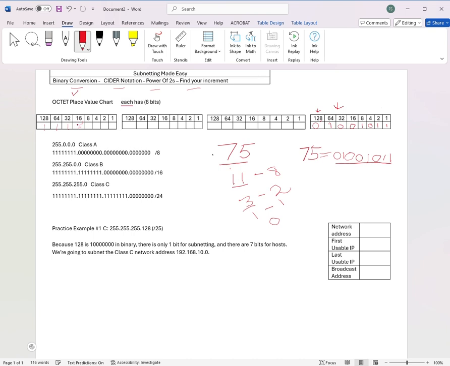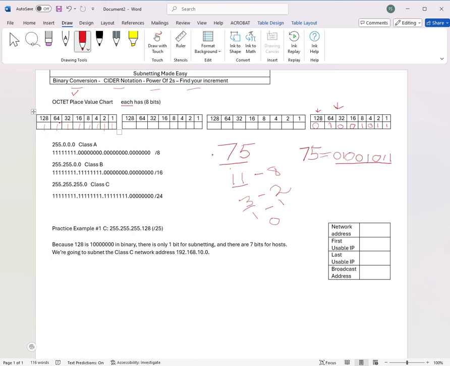Because it's in there, I can't change it. So I'm going to turn all of them on. And if we tally 1, 2, 4, 8, 16, 32, 64, 128, you can see that we would get the answer of 255.